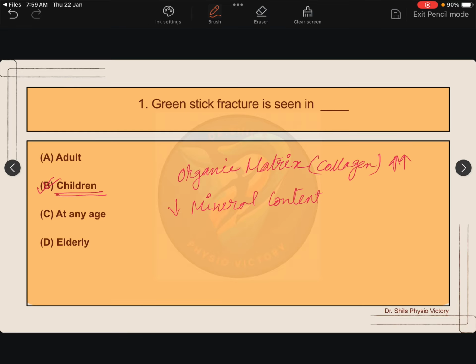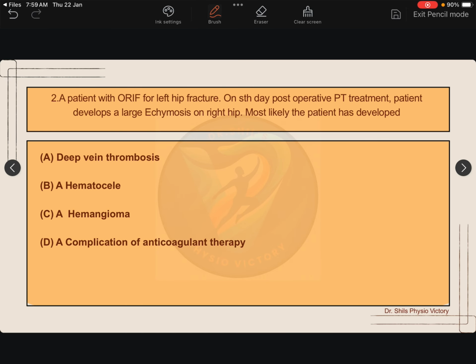Next, come to question number 2. A patient with ORIF for left hip fracture, on the fifth day post-operative during PT treatment, develops a large ecchymosis of the right hip.